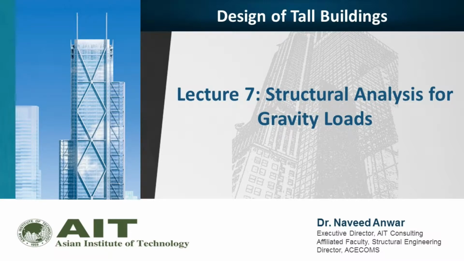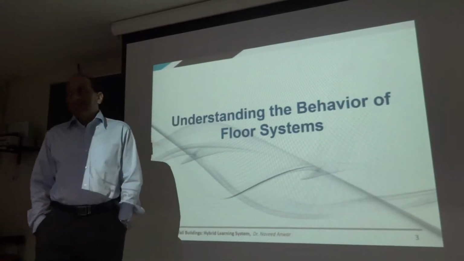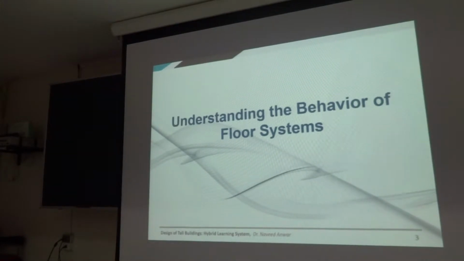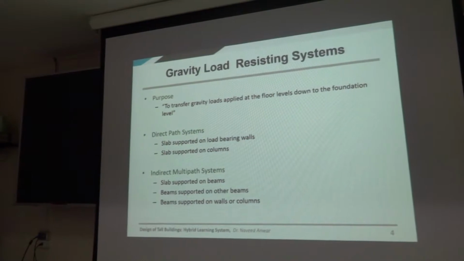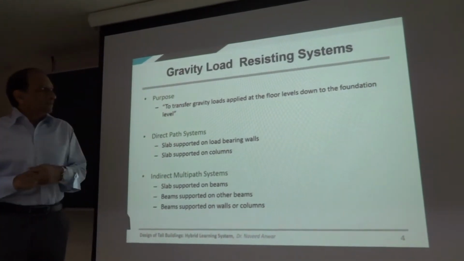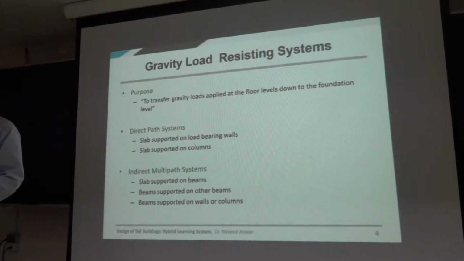Alright. So gravity loads, you might think this is just easy or simple, but you will find that there are some complications that arise from gravity load analysis. The purpose of the gravity load resisting system is basically to transfer the gravity loads applied at one location to the foundations.